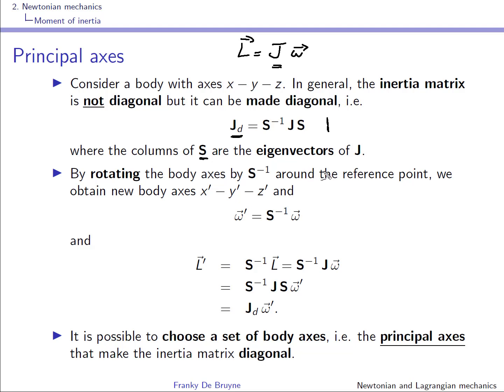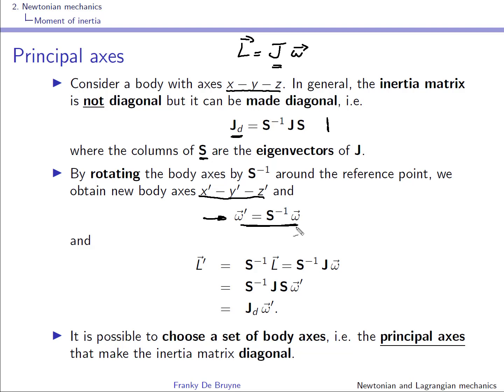This means that instead of working in this system of reference XYZ, you go to a new system of reference X prime, Y prime, Z prime by doing a coordinate change, and this is the coordinate change.